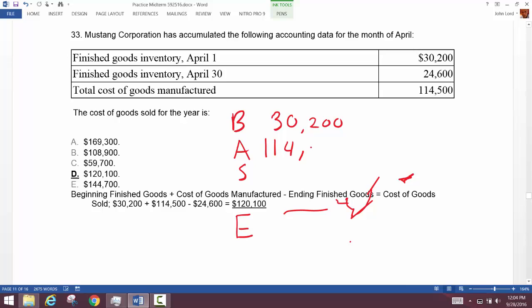So you're putting in the add here. We're looking for the subtract though, right? The subtract is the finished goods, the ending goods, which is 24,600. The ending balance is 24,600, right? Yeah. So go ahead and put in the ending balance.